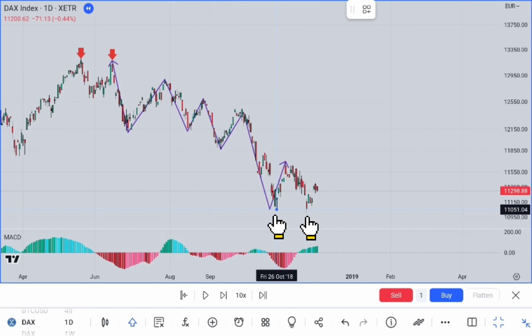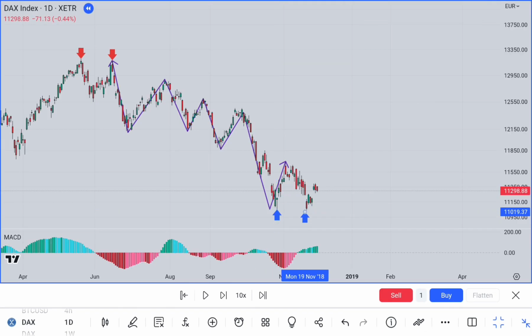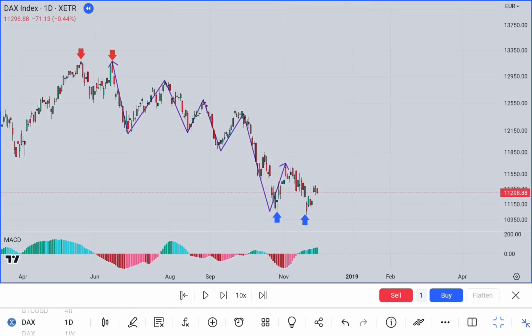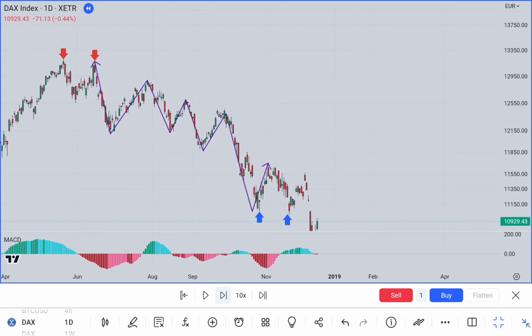And now, the index has formed a new double bottom level. However, it is important to note that even though this can be a signal of a trend reversal, it is still too early to engage in upward trading. We will learn how to enter such a trade in this manner. Please make sure to watch the video without skipping ahead.